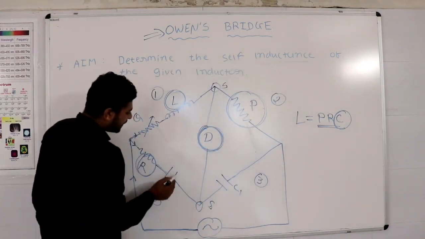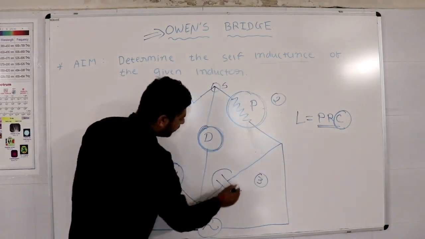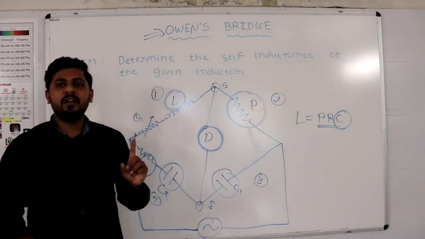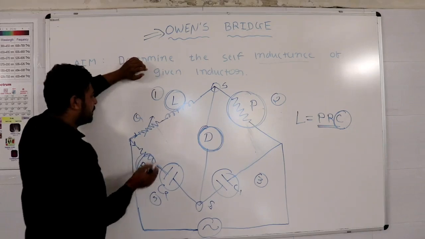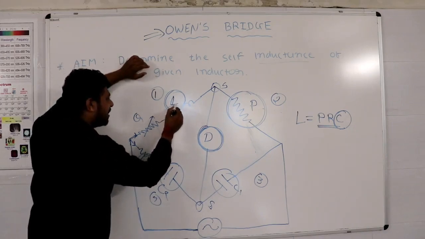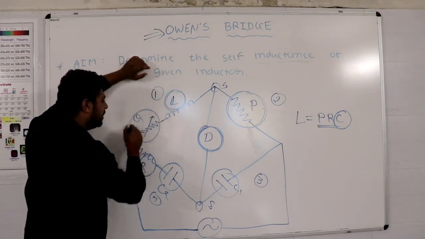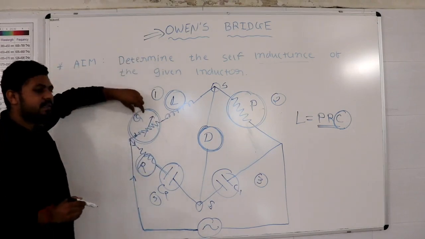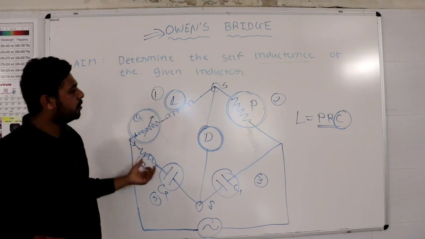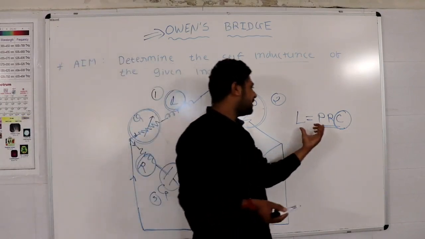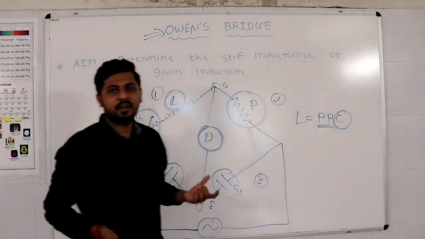Here 2 capacitors are given. One is here and another one is here. But at a time we will use only one capacitor. And then focus here, L and Q also. The resistance of this Q will also need to be included in this balance condition.